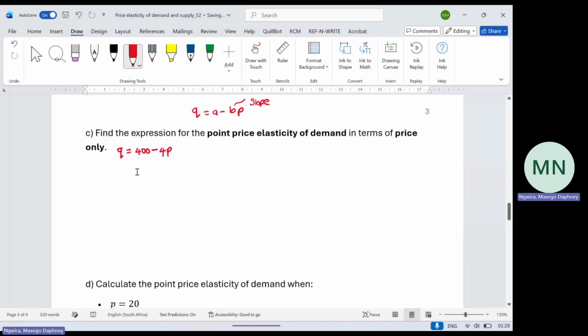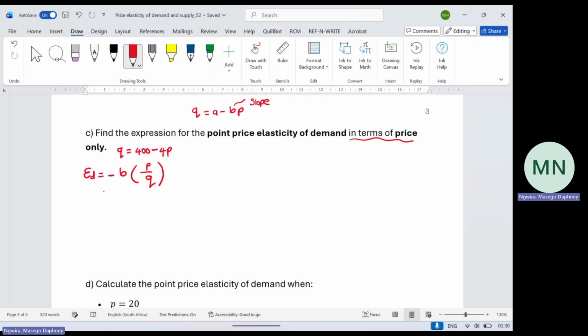And then now, remember, when you calculate the point price elasticity, the formula we said we're going to use is ED is equal to negative B, because they said the answer must be in terms of price, so it means it's in terms of P. Open bracket, P over A minus BP, or P over Q, not A over Q, sorry. I'm going to use this one, because I have my Q.